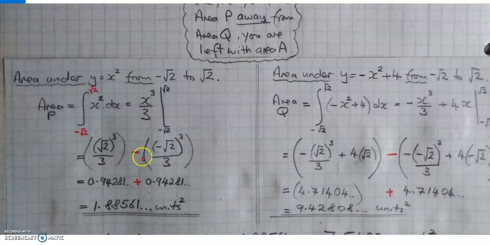But that minus sign and this minus sign in this case go to plus to give us the total area from minus root 2 to root 2.